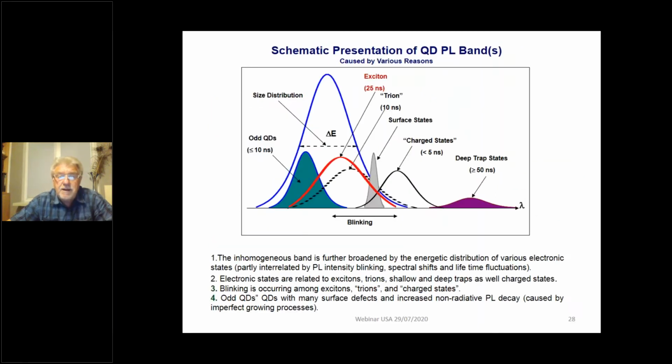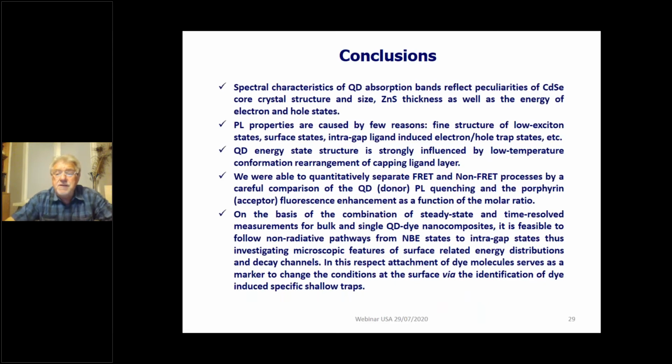Now, the main conclusions may be the following. Spectral characteristics of quantum dot absorption bands reflect the specific crystal structure of quantum dots and the very complicated physical processes which take place on the quantum dot surface.